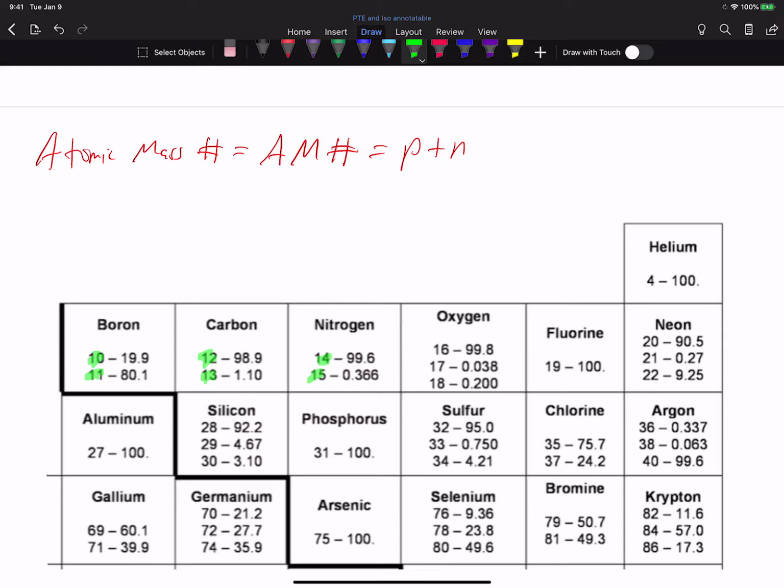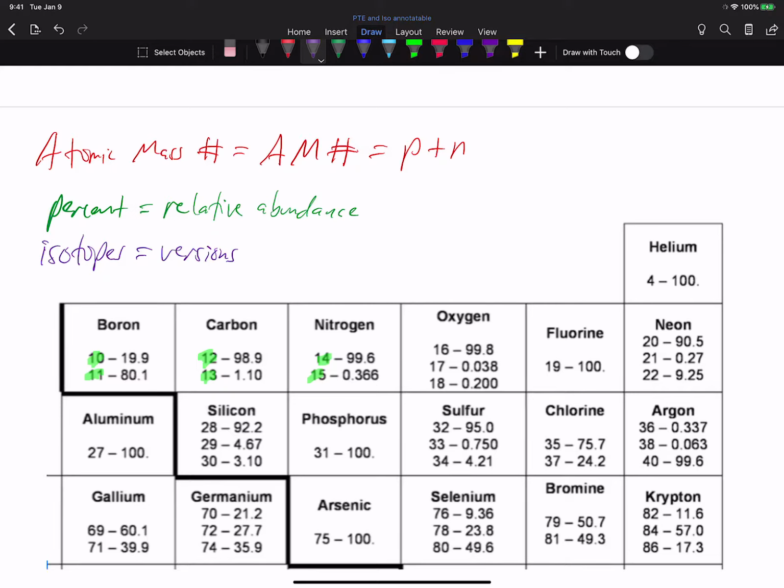The number that you have after the hyphen is the percent, or specifically in this context, the relative abundance. How common each version of that element is. Now, what are different versions of elements? That's what an isotope is.